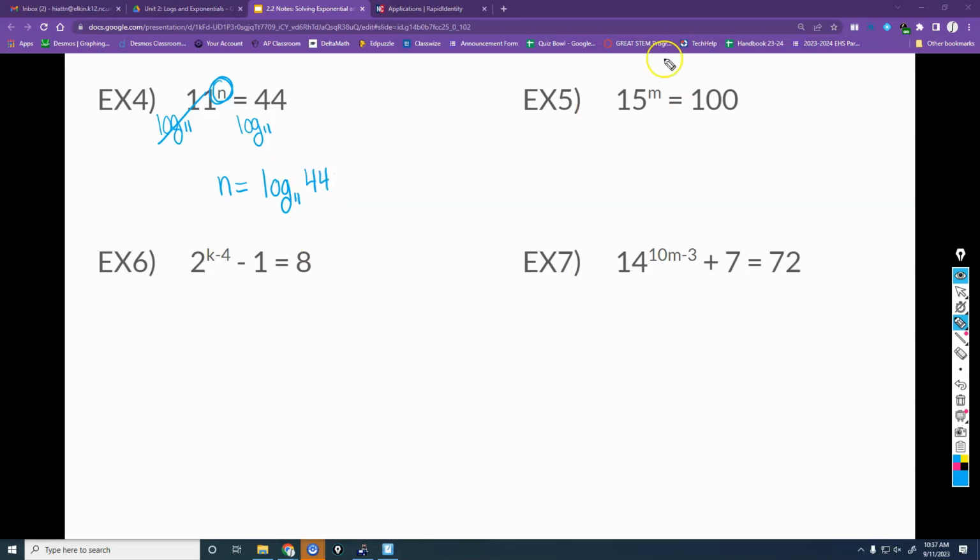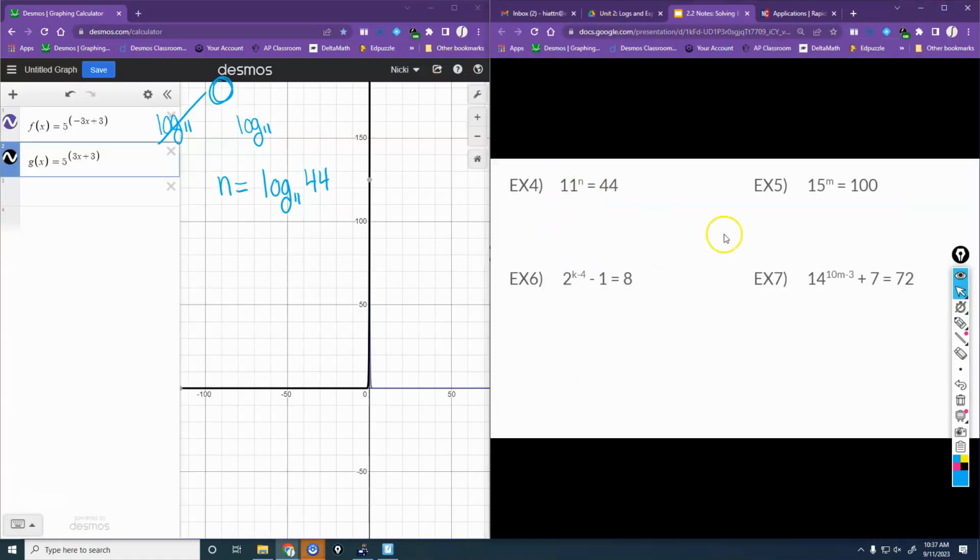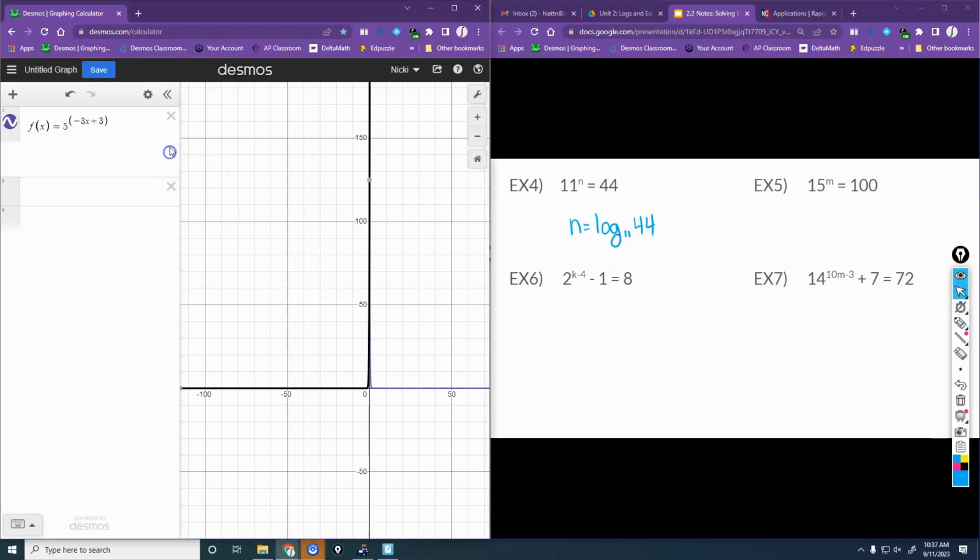To type that in, I should have just kept the split screen. To type that in on Desmos, let me write that back. N equals log base 11 of 44. Before I was just having you rewrite, but now I do want the actual answer.